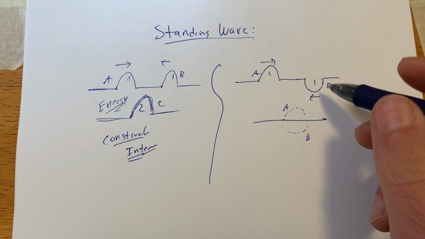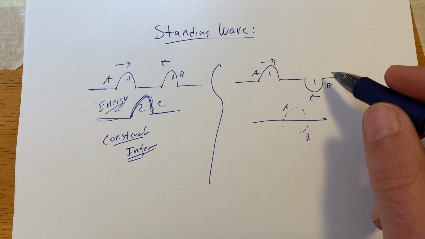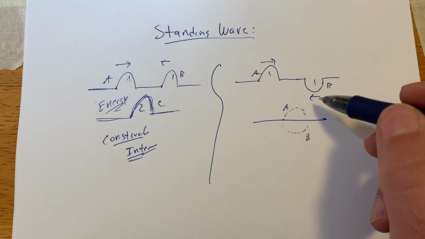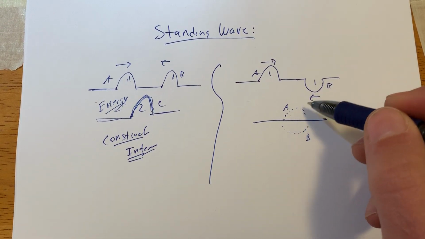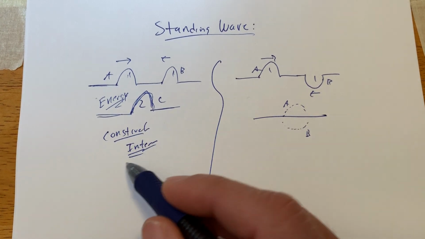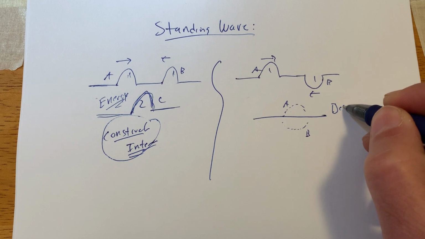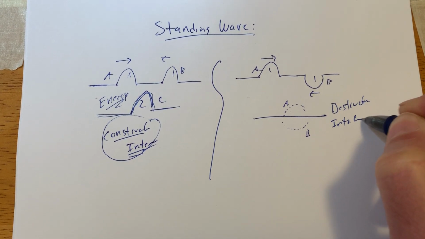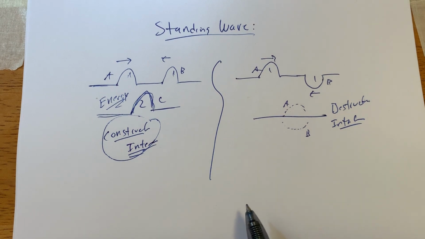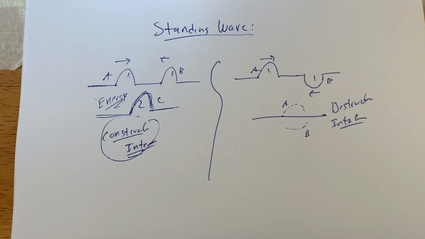But that's not the case here, because these two waves are out of phase. And since I can have energy occupy the same point in space at the same time, we get some weird things. Over here, I get big waves. Here, I get a small wave, and we call this destructive interference.